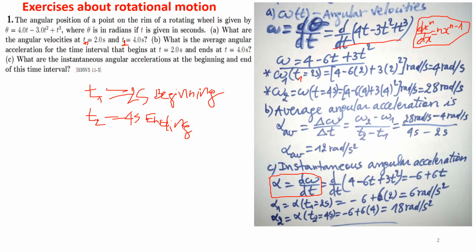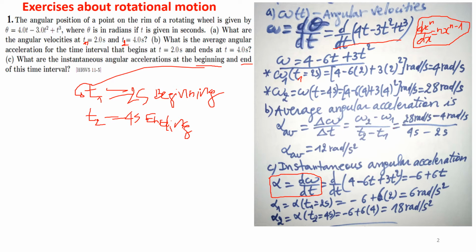And we are asked to determine the instantaneous acceleration at the beginning and the end of the time interval. The beginning of this time interval is when the time t equals t1. Then alpha 1 equals alpha when time t equals 2 seconds.